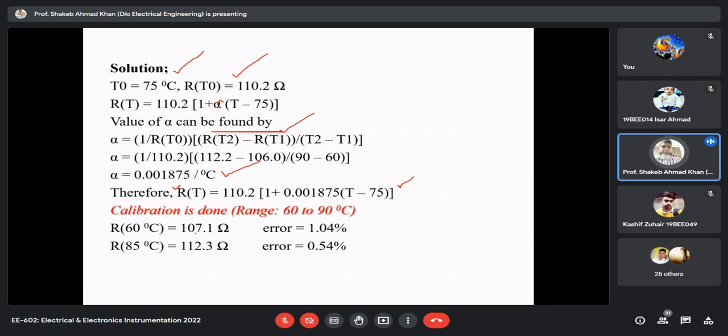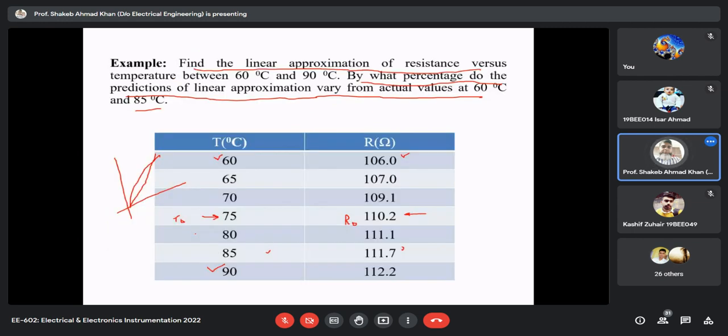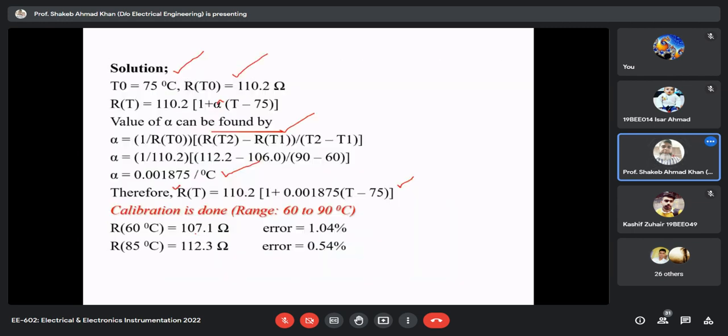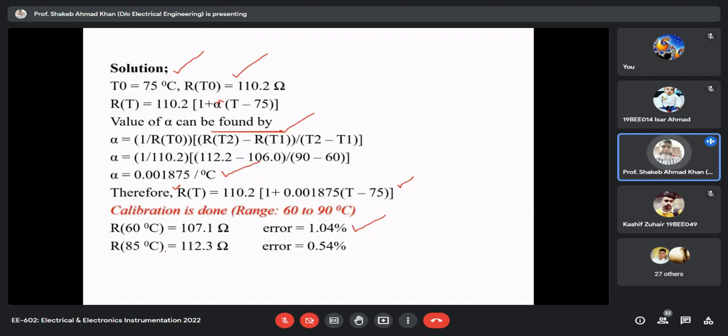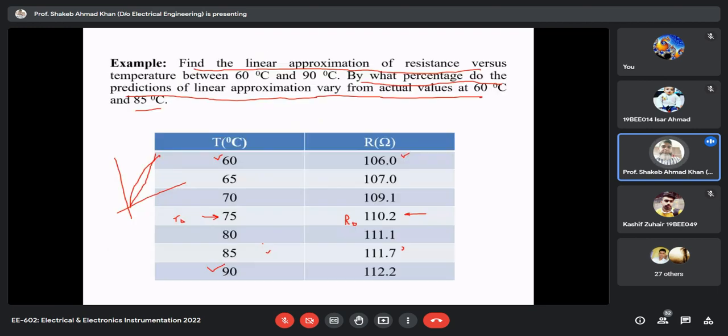This is coming out to be 107.1 ohm, whereas actually it is 106 ohm. So the error is 1.04%. And at 85 degrees, the value is 112.3 as per the calibration equation, and actually it is 111.7.